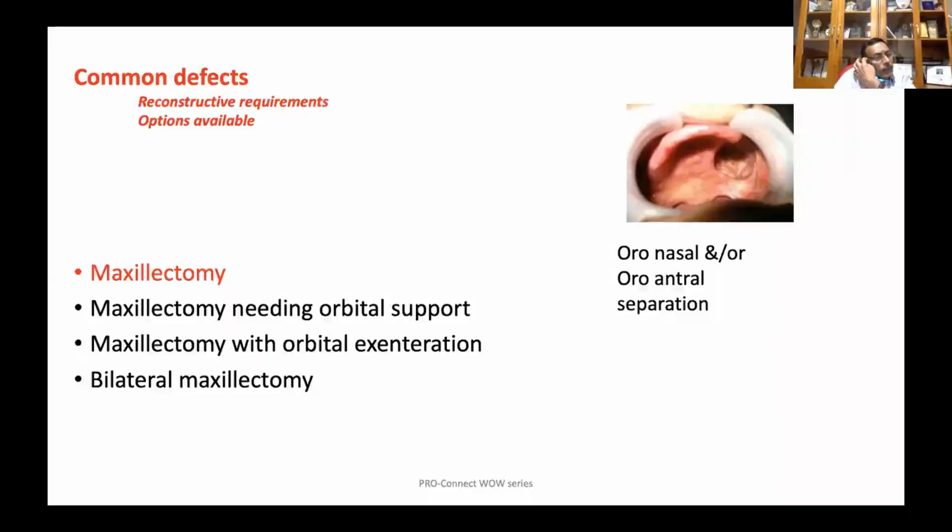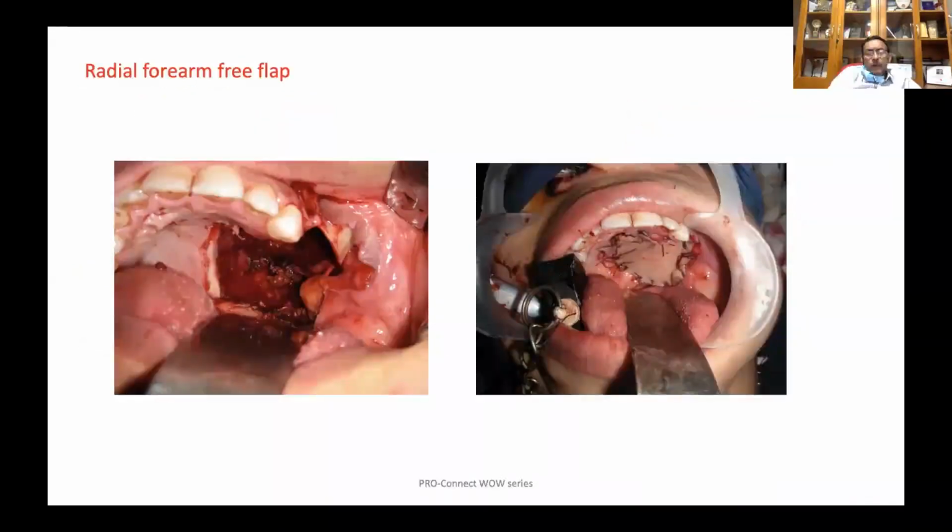Now, coming to the common defects, their reconstructive requirements and options, I would say that the first one is a simple infrastructure maxillectomy or a total maxillectomy, where the requirement is oronasal separation and, if needed, alveolar bony reconstruction. Oronasal separation can be achieved by a lot of things.